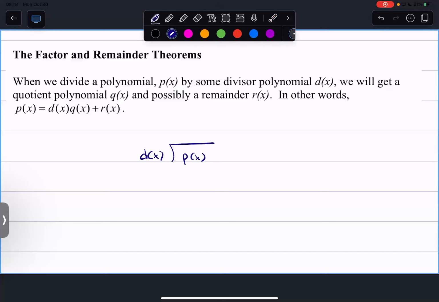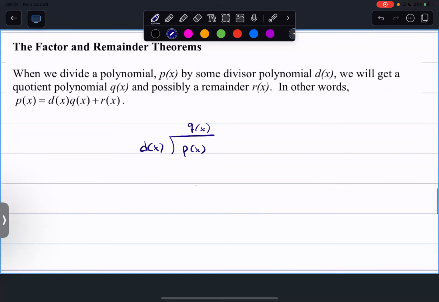Then we're going to get some quotient polynomial here. That's going to be q of x up top. And then the remainder is, if it doesn't go to 0 at the very end, once you run out of x's to divide by, then you're going to have some r of x down here.